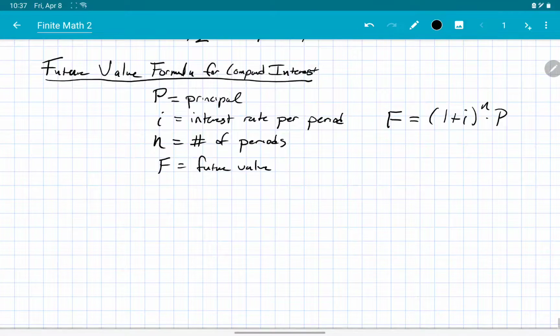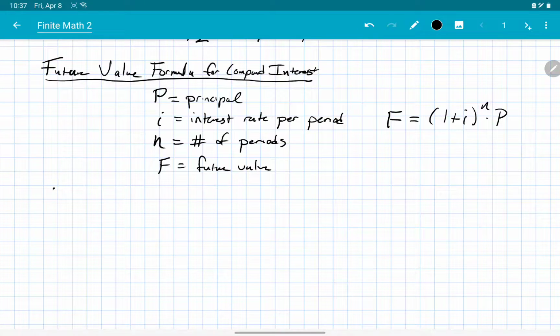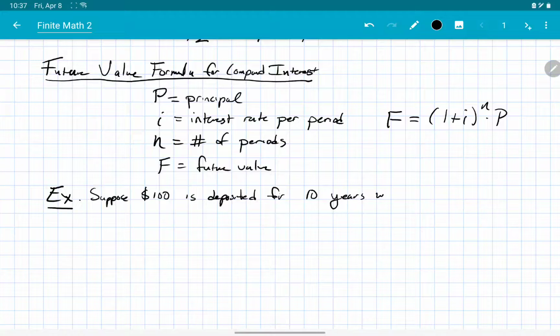Okay, so now let's do a problem involving this future value. Let's suppose $100 is deposited for 10 years with interest paid quarterly.